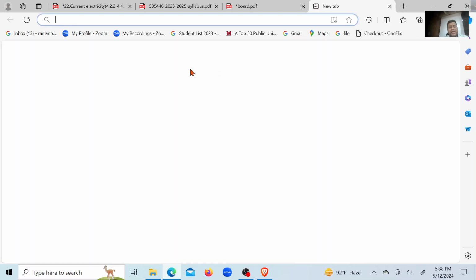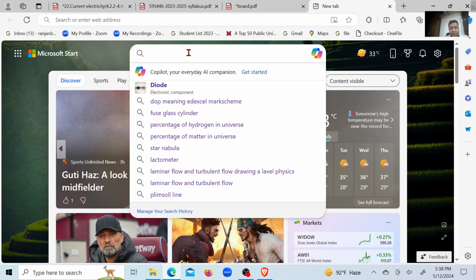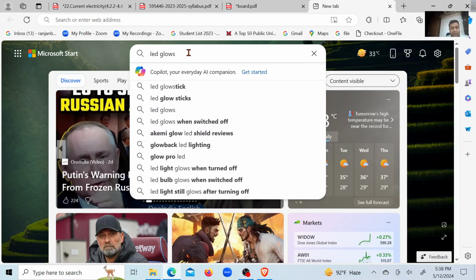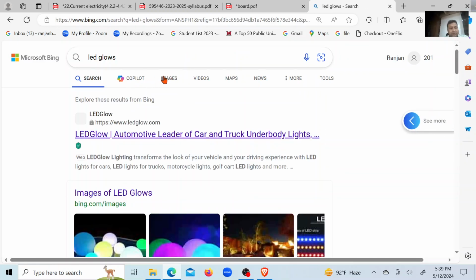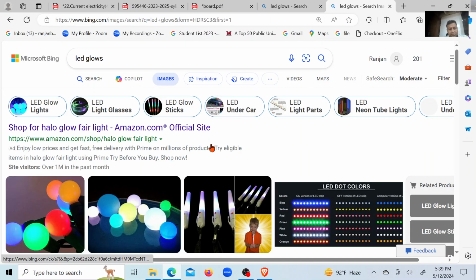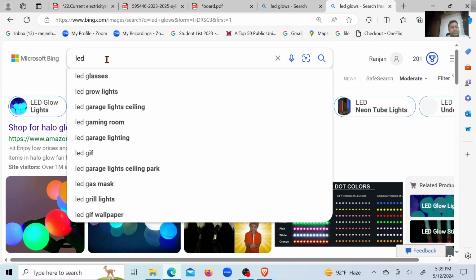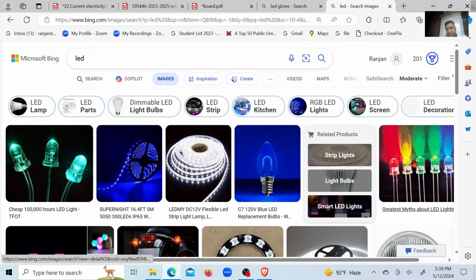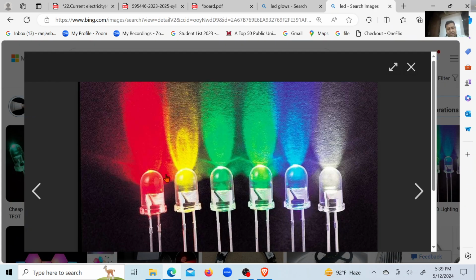This is how an LED looks. These are lamps. These are LEDs, glowing LEDs.